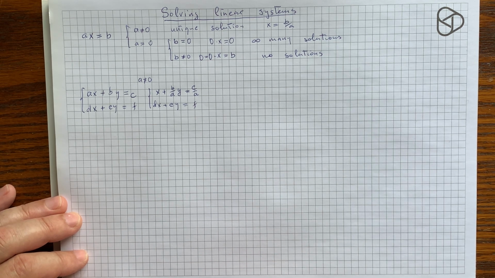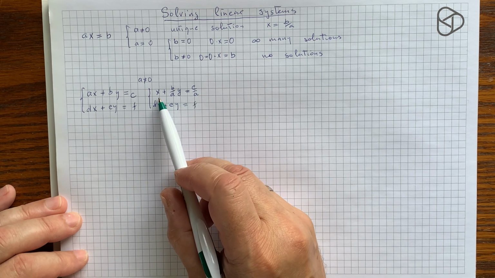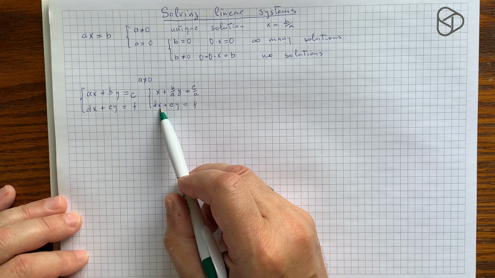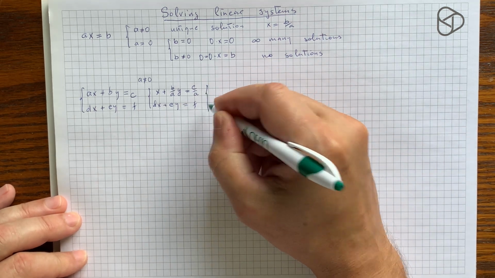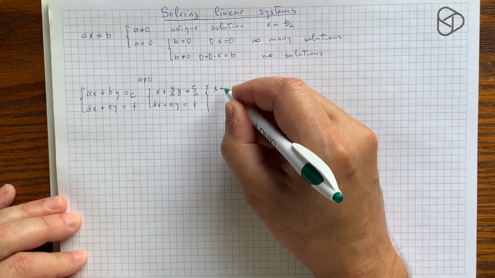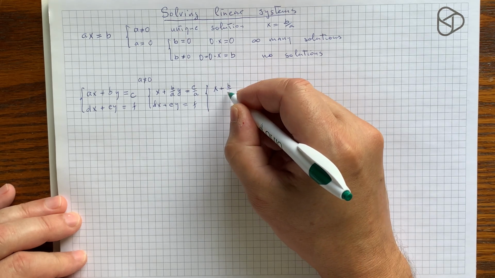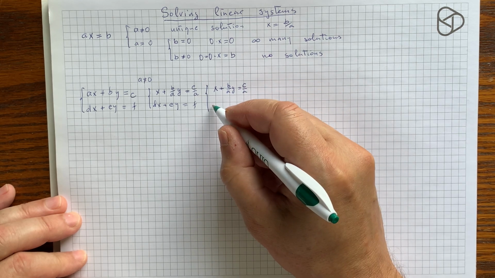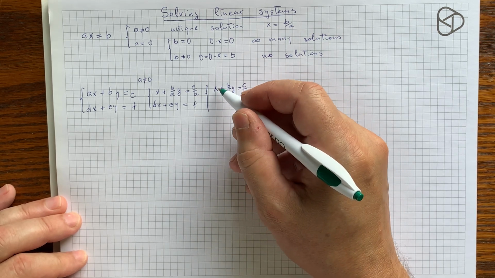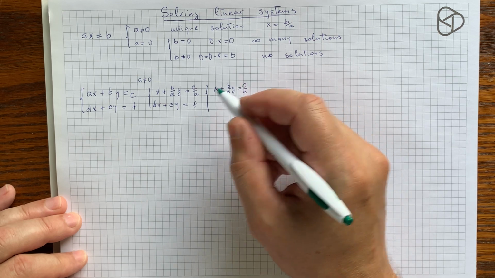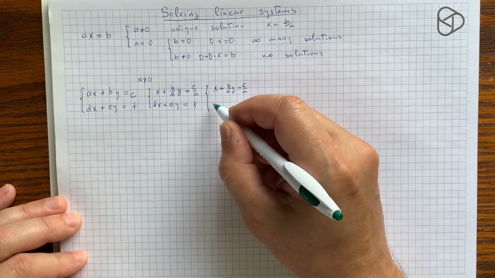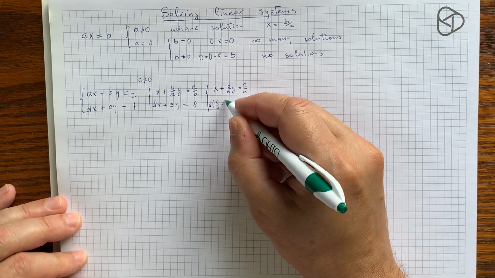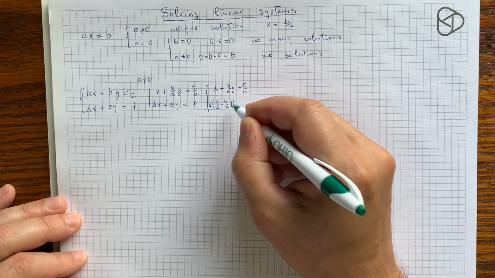And then we could use the first equation as the answer for x in terms of y and substitute this answer in the second equation. So if we do that, I will keep the first equation unchanged. And in the second equation, I will replace x by its expression in terms of y, which will be c over a minus b over a y.